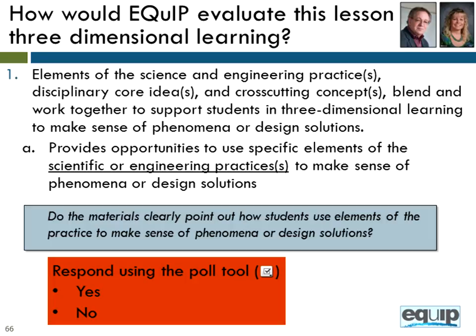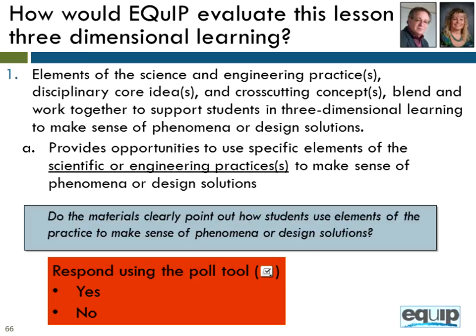Okay, thank you, Joe. So what we want to do now is to have you think a bit about what you just saw. We know we went through it quickly, but let's now try and apply this first column of the EQuiP rubric to the lesson that we've just zoomed through.